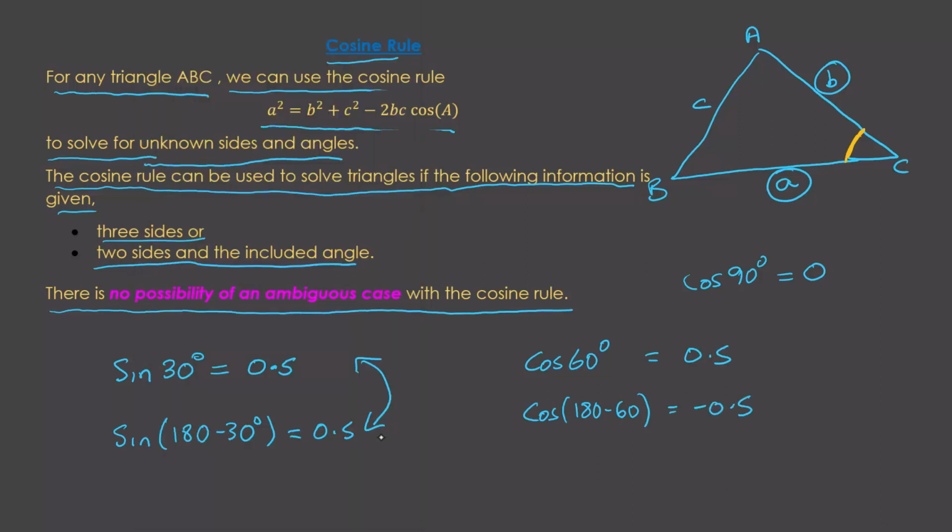So there's no possibility of an ambiguous case with the cosine rule. That's because if we just look at angles from 0 to 180, there are two angles which give you the same value for sine, but there's only one angle that will give you the cosine.